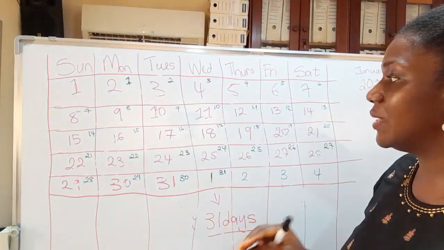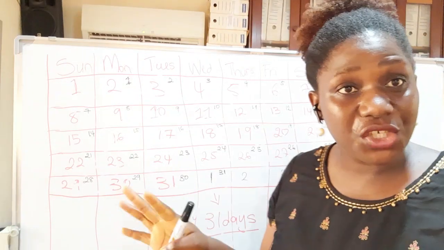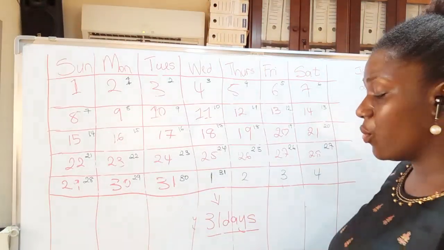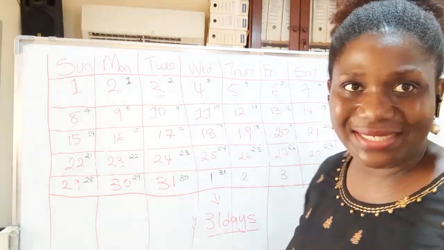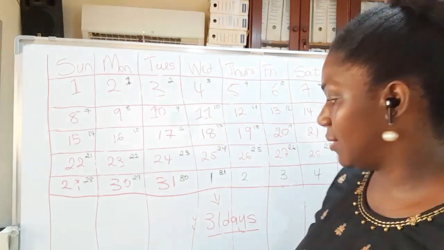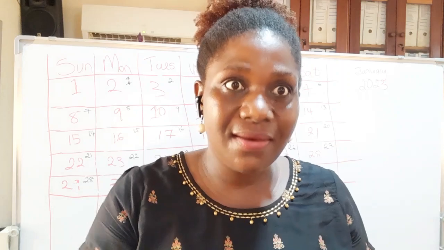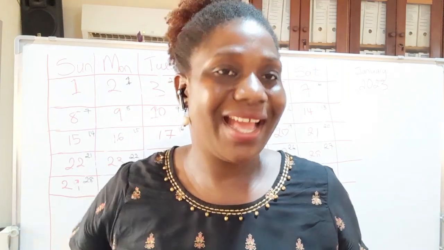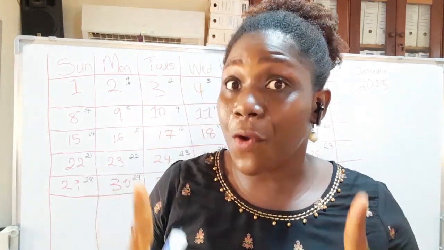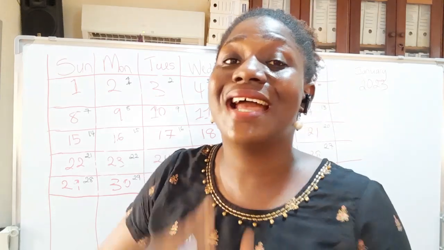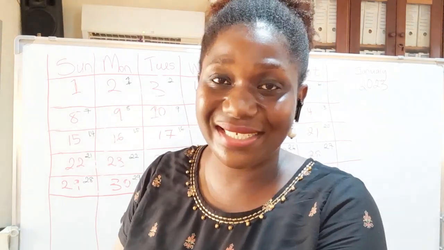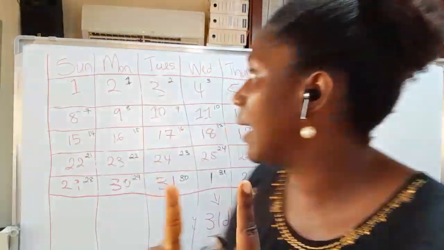So we are going to calculate the safe period, the ovulation day, for a female who has a 31-day cycle. Remember, the cycle length is calculated from the first day of menses till the first day of the next menses. It's not calculated from the first day of menses till the last day of menses. Please put that in your mind.